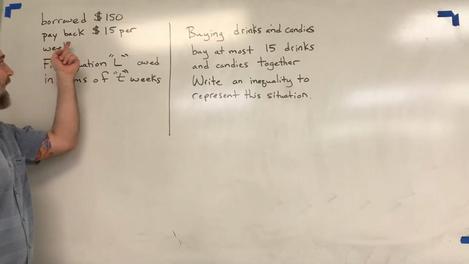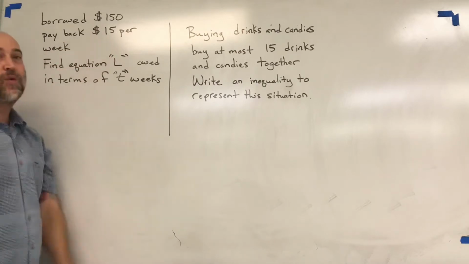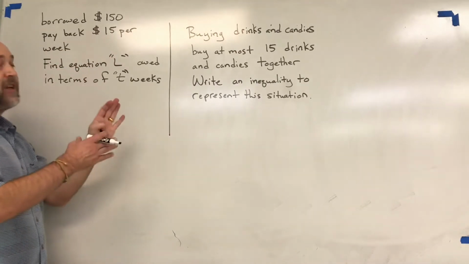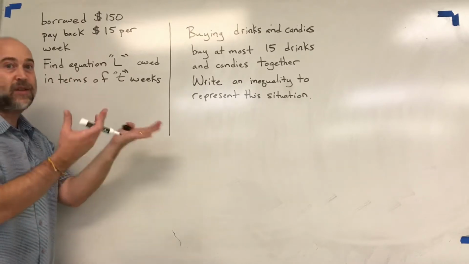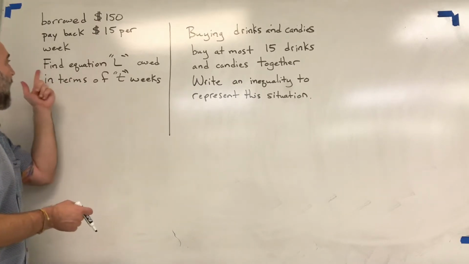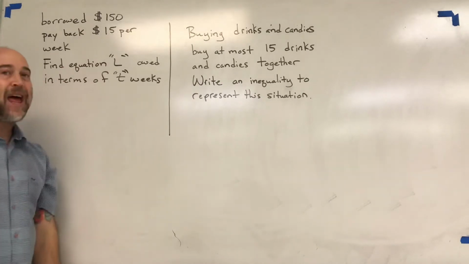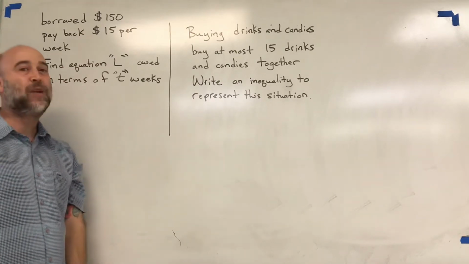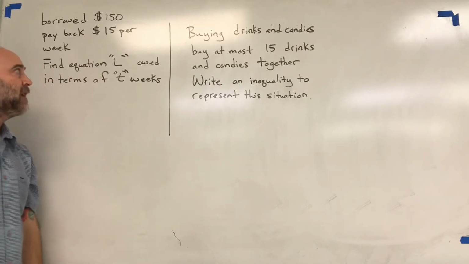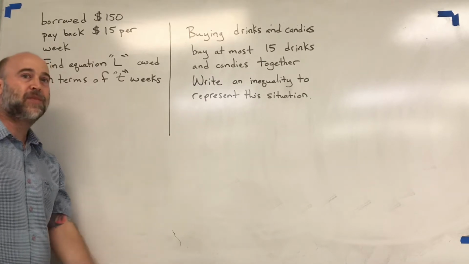They're going to pay back $15 per week. So that $150 is going to get chipped away every week until it goes away. We're asked to find an equation L owed in terms of T weeks. So how much money do they owe in terms of weeks?